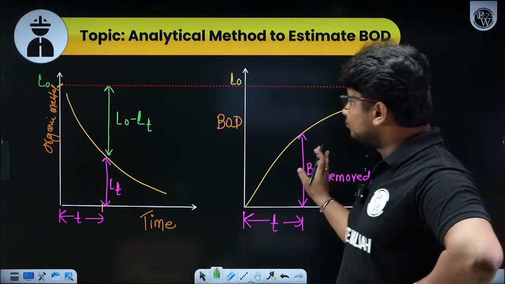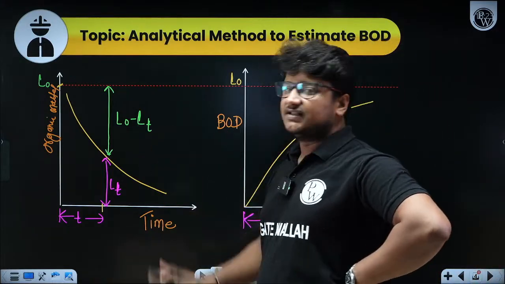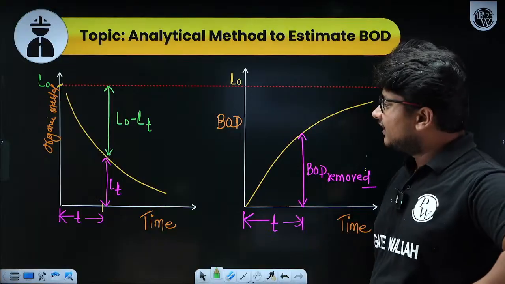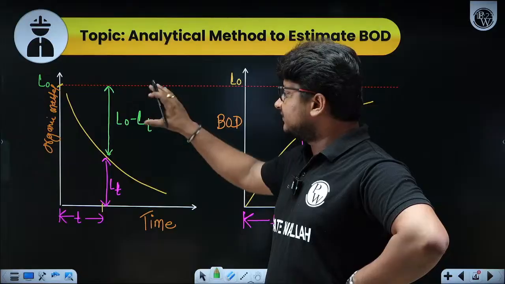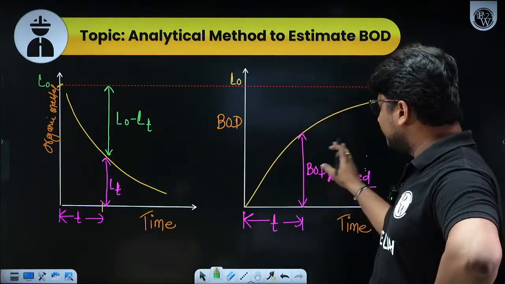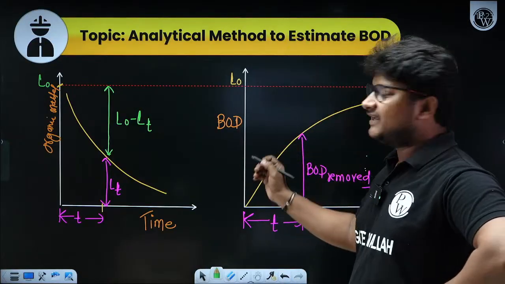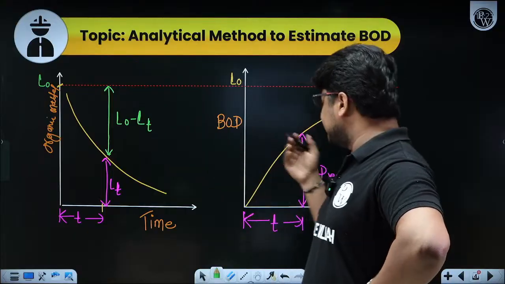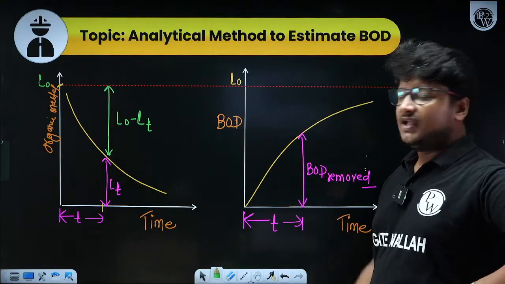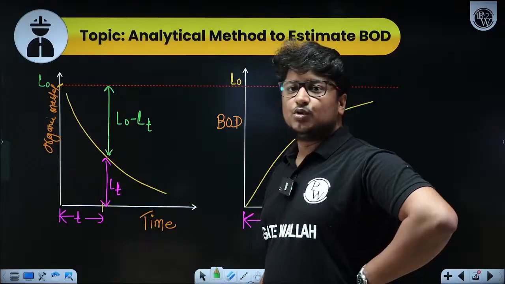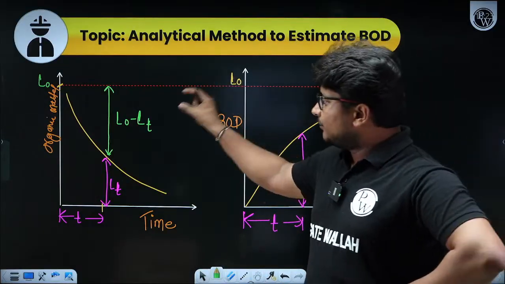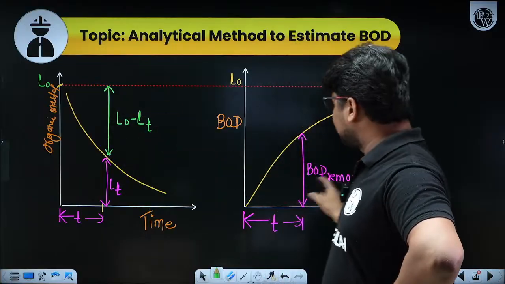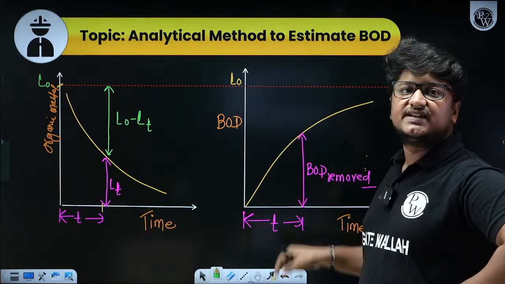So if you superimpose this curve and this curve on each other, you will find that this L0 minus Lt is giving you an idea about the BOD removed, or I can say directly that L0 minus Lt is related to the BOD removed. If L0 minus Lt is more, definitely the BOD removal will also be more. To remove this much amount of organic matter, this much amount of oxygen is utilized.